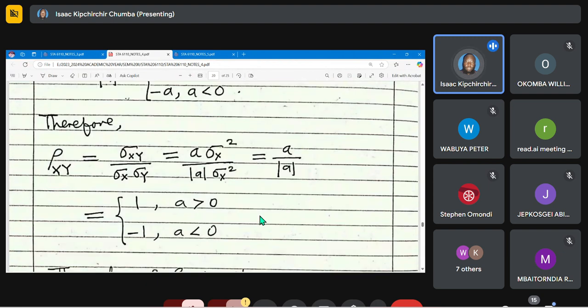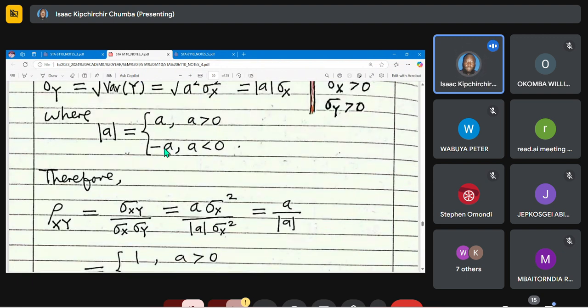So we have said if a is positive, mod a is a. So a over a will be 1. So correlation will be 1 when a is positive. And if a is negative, this mod a is minus a.